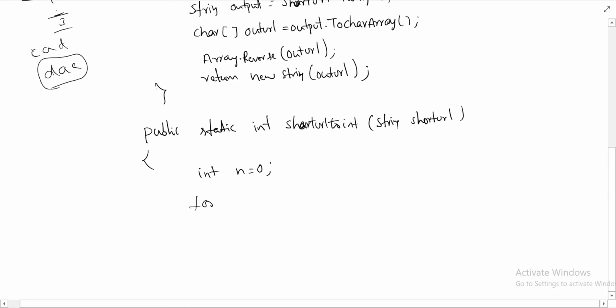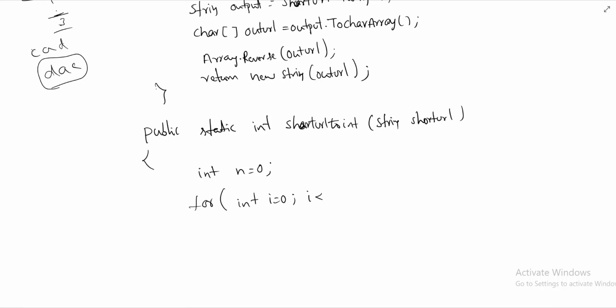Now how are we gonna convert? Just simple math. We traverse through each and every character of that short URL. We convert that particular character from base 62 to base 10. How do we do the base 10? We divided there by 62. Here we need to multiply with 62, and the last character, the remainder, we need to add again.